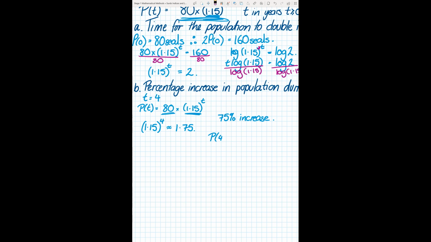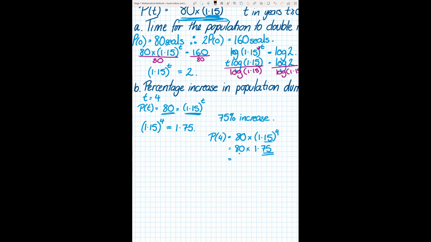So the population after 4 years would be 80 times 1.15 to the power of 4, which would be 80 times 1.75, which is a 75% increase on 80.